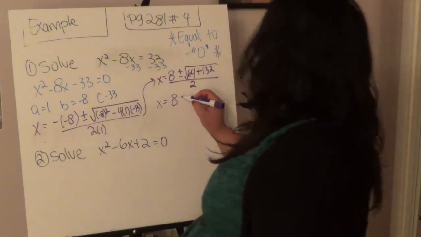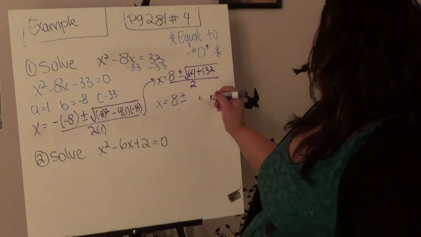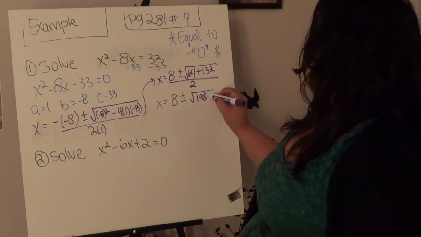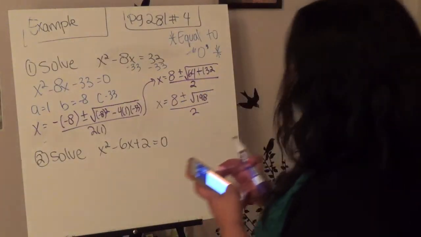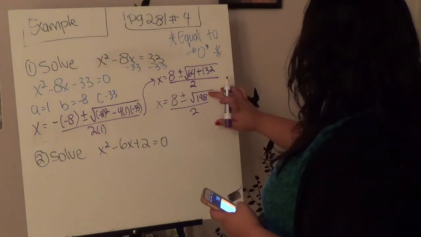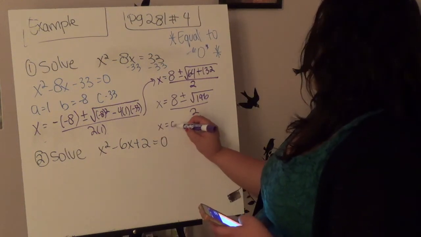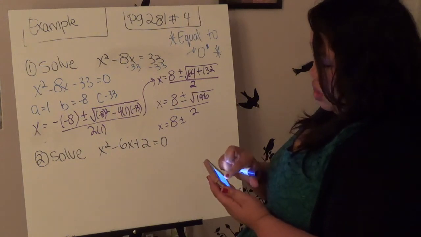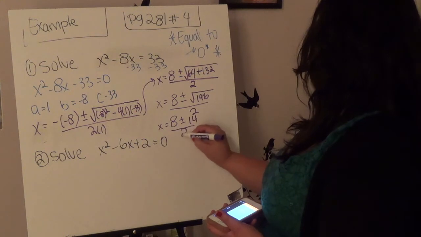Then we have x equals plus or minus, 64 plus 132 is 196 over 2. Sorry, 196, what was I thinking? Okay, and then we have 8 plus or minus the square root of 196, which is 14, over 2.